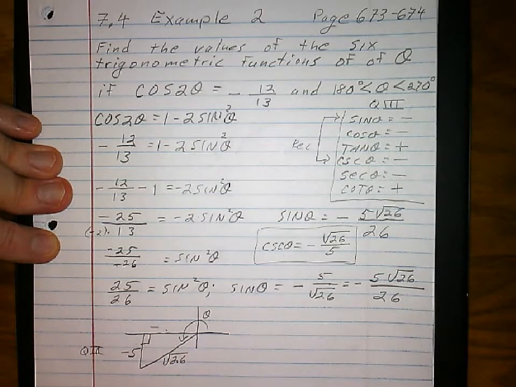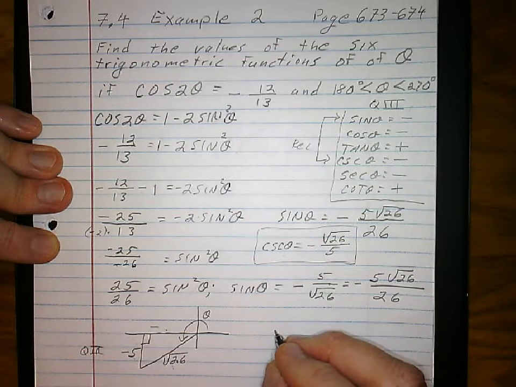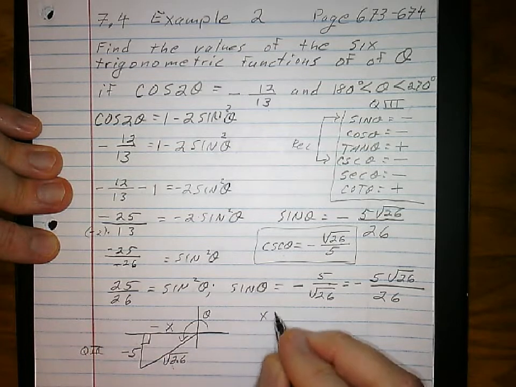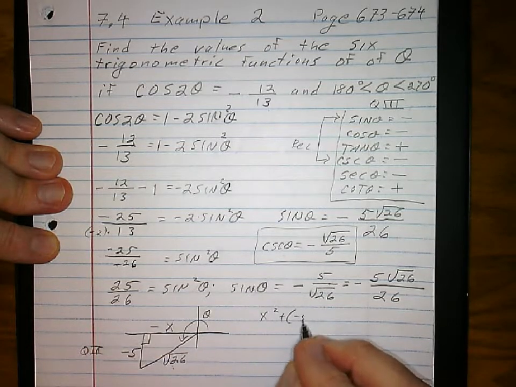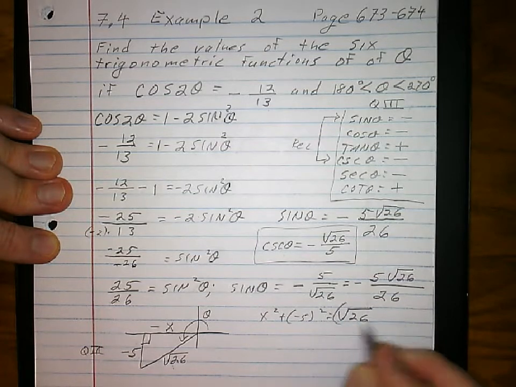Remember that we can use the reverse Pythagorean theorem. If this is a squared plus b squared equals c squared, then I can subtract this squared from both sides. In other words, I know that this number here, we'll call it x, right? X squared plus negative 5 squared equals square root of 26 squared.